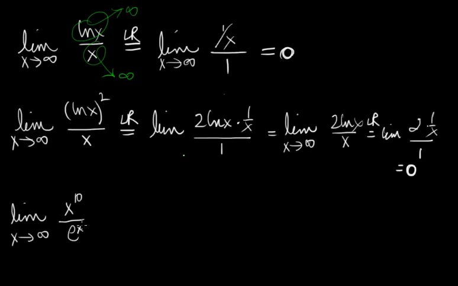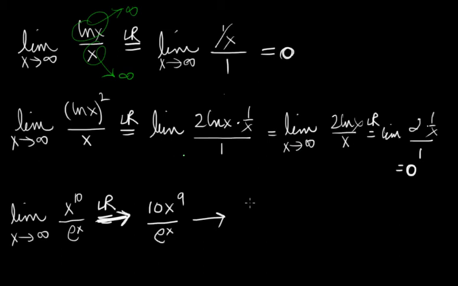The next one, we have infinity over infinity. X to the 10th will be much bigger than e to the x at first, but if you have a power of x over an exponential, eventually this quotient will begin to get smaller and closer to 0. Now, I'm not going to do it 10 times, but notice, if I used L'Hopital's rule here, I could take the derivative of the top, 10 x to the 9th. In fact, let's use arrows so I don't have to keep writing this limit. I'll just say arrow and e to the x.